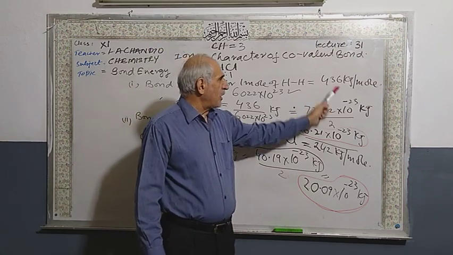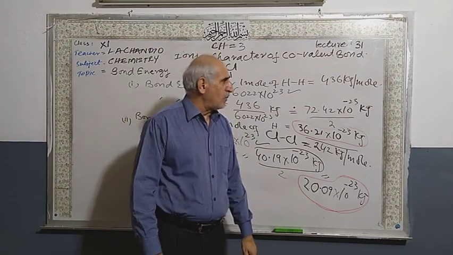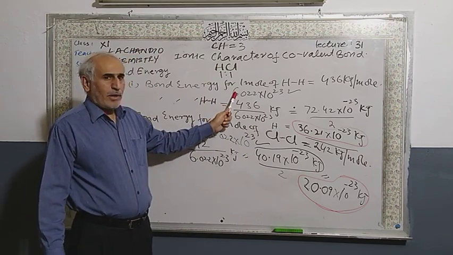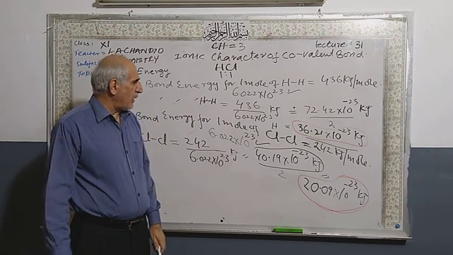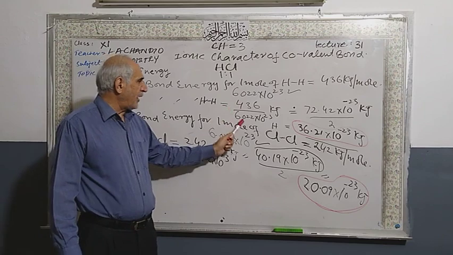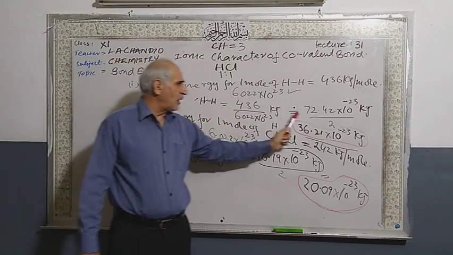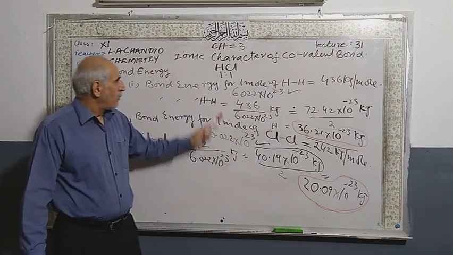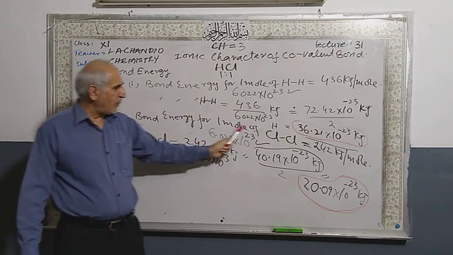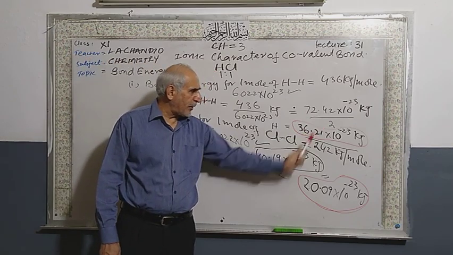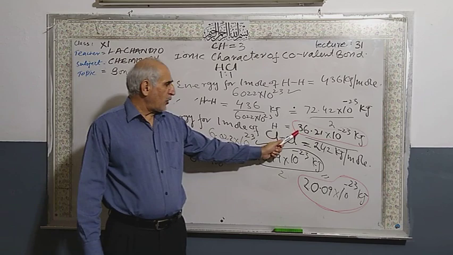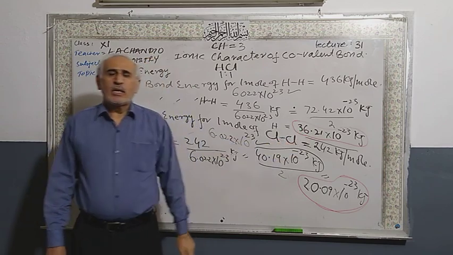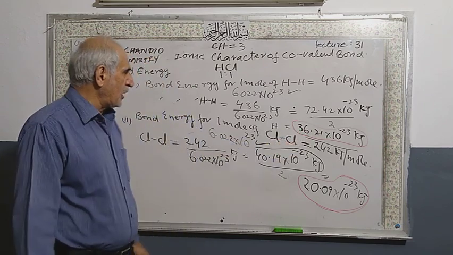Hydrogen comes from the dissociation of the bond between hydrogen and hydrogen, which is 436 kilojoules per mole. 1 mole is equal to Avogadro's number. Then I divided by Avogadro's number, and because I need 1 hydrogen atom, I divide by 2. So for hydrogen, 36.21 into 10 raised to the power minus 23 kilojoules.